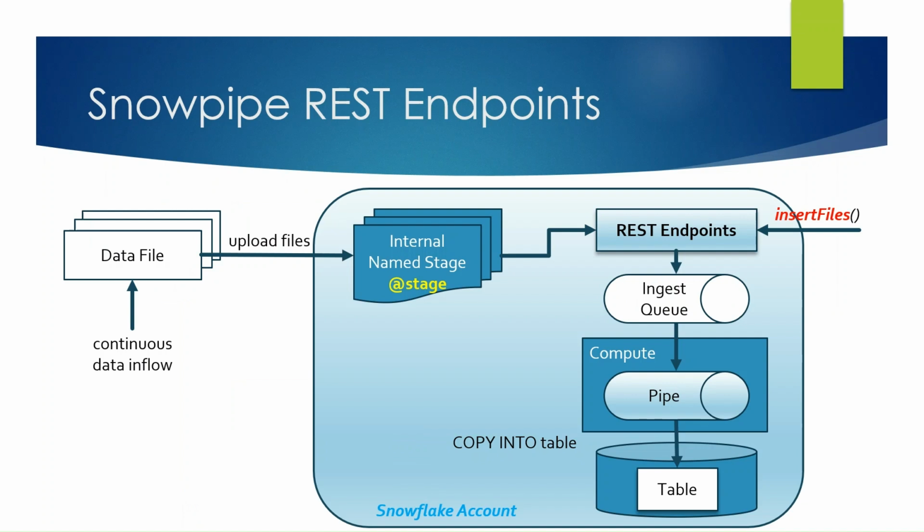Let's see, you have a continuous data inflow, data files that you may upload into an internal named stage. At this point, you could manually call insert files on the REST endpoint. The files were passed to the ingest queue and processed basically into a pipe in their virtual warehouses.